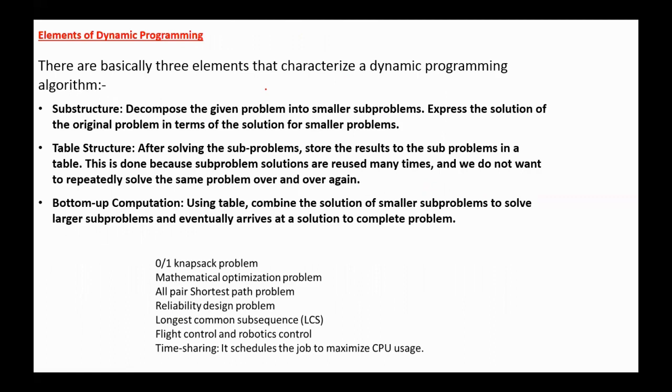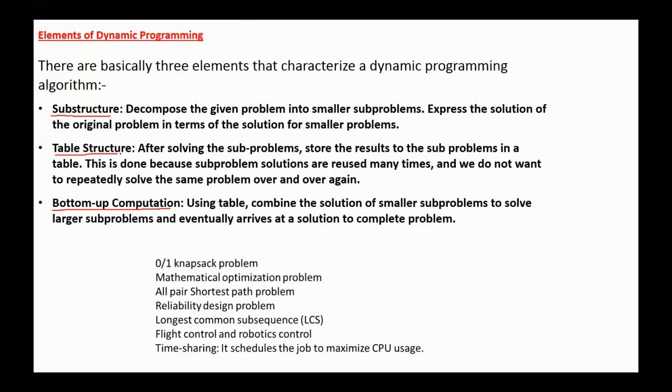There are three basic elements that characterize a dynamic programming strategy: substructure, table structure, and bottom-up computation. Substructure decomposes the given problem into smaller subproblems and expresses the solution of the original problem in terms of the solutions for smaller problems.